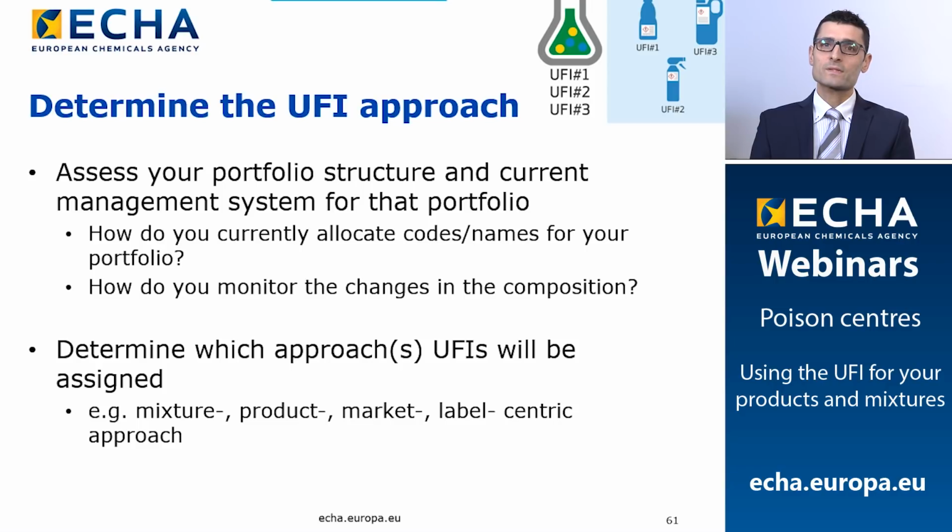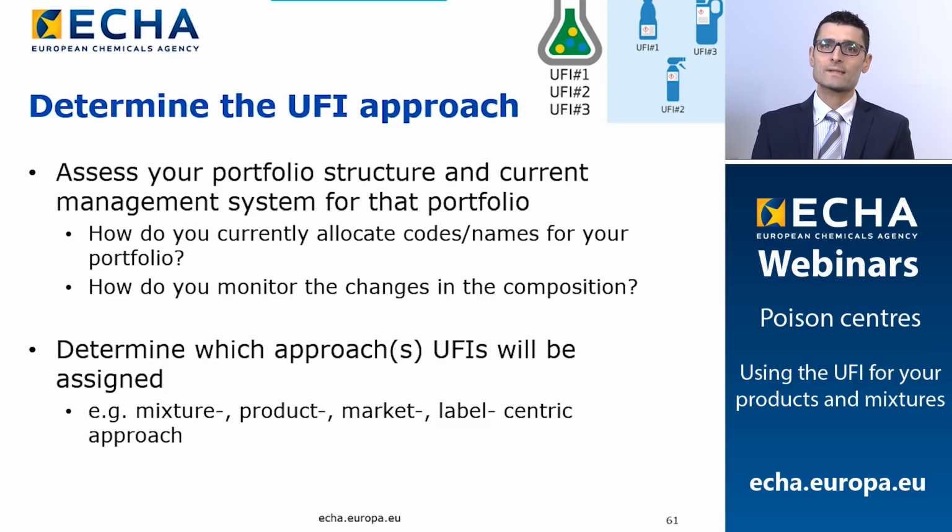So in the previous presentation, the various approaches to assigning UFIs were explained. But to determine the UFI approach that is right for your mixture or product, you first need to assess your portfolio structure and the current management system. And you have to consider, for example, how you currently allocate formulation codes and names.